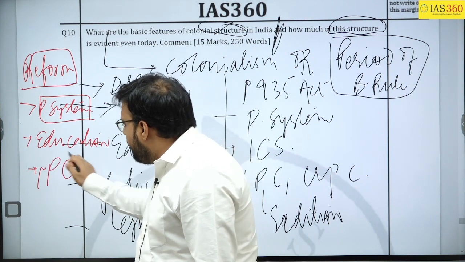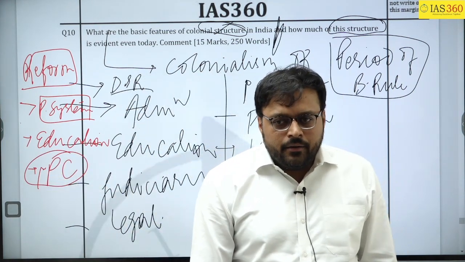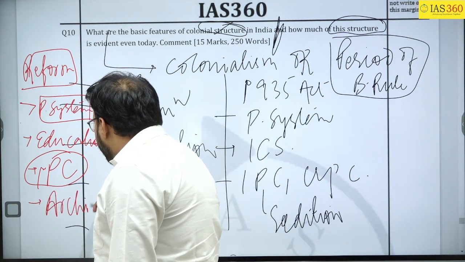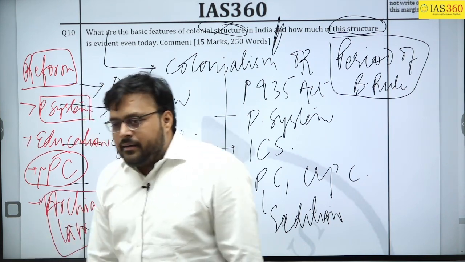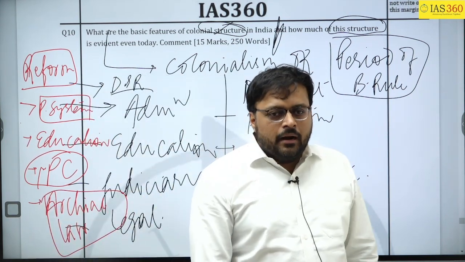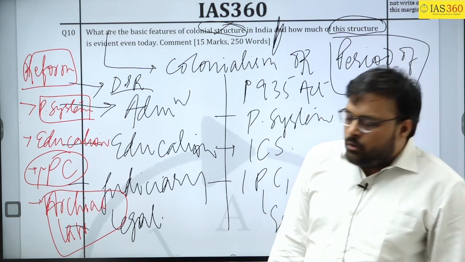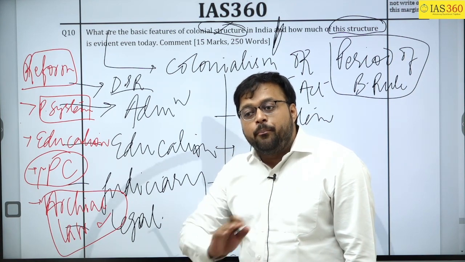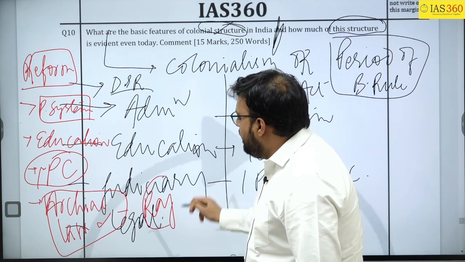Then we are talking about amendment in IPC, the Malimath Committee. Then you can talk about the committee that has been set up under TSR Subramanian to look into the archaic laws and to repeal those laws. Rajasthan has already repealed many archaic laws.